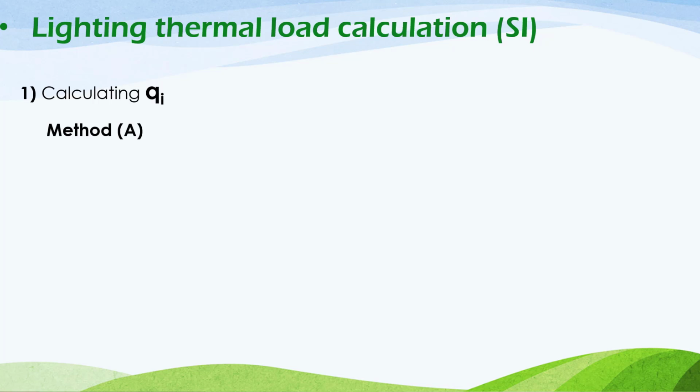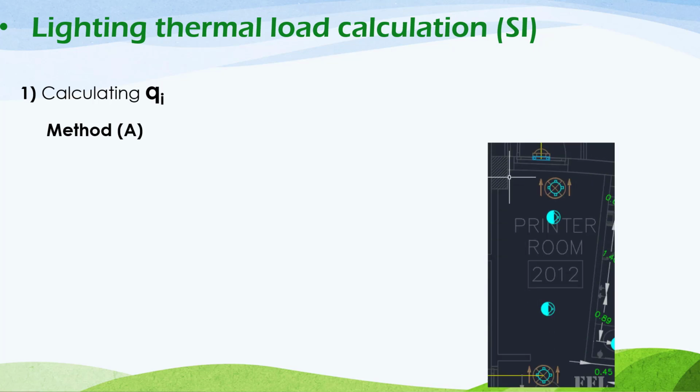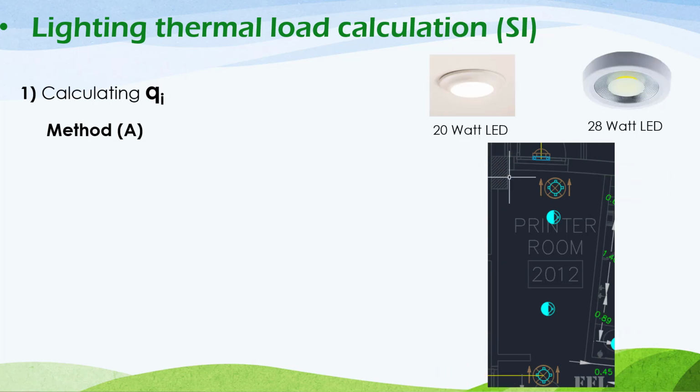Firstly, if we know the lamp power from its datasheet, we can sum all of the lamps' power to get the final value in watt. And here we have an example with this AutoCAD drawing for a printer room, and this is the electrical layout for its lamp design. We can get the datasheet from the electrical designer, as it's not our job now to calculate the electrical design.